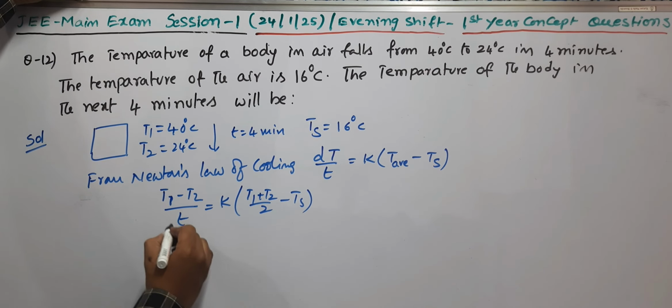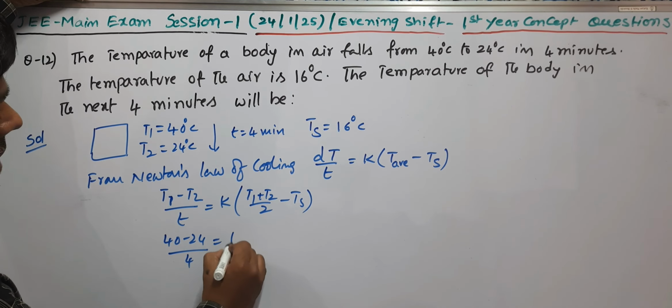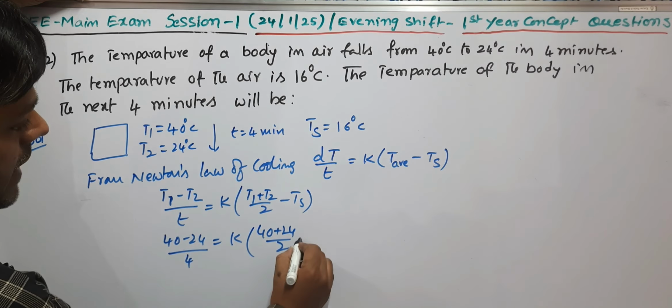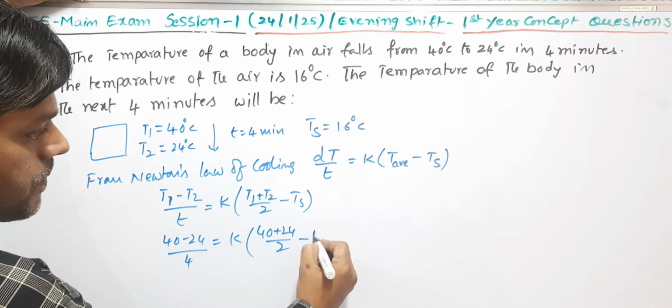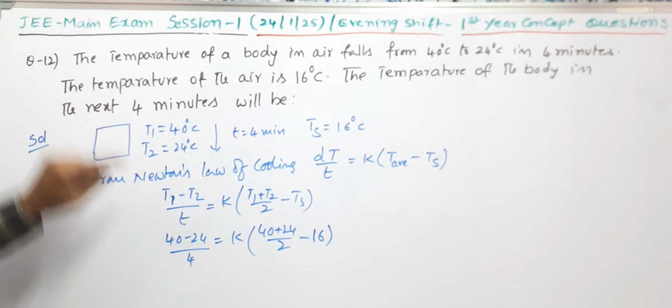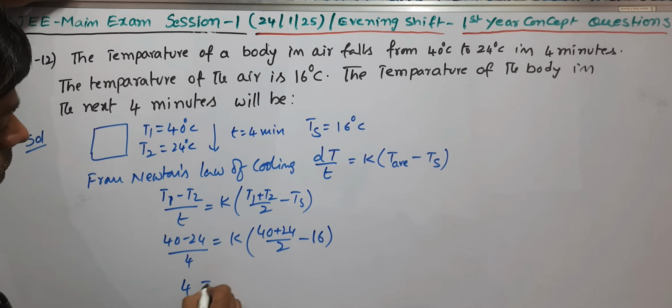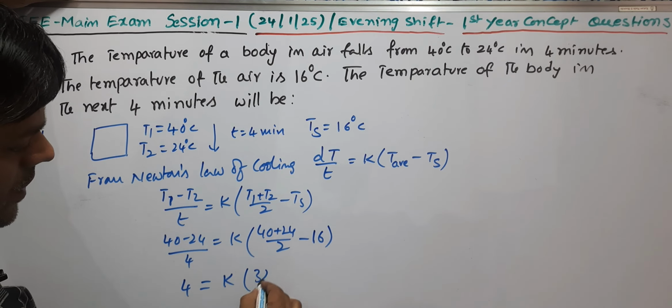T1 minus T2 means 40 minus 24 by 4 is equal to K into (40 plus 24 by 2 minus surrounding air temperature 16). 40 minus 24 is 16, by 4 equals 4, equal to K into 32, that is 64 by 2, 32 minus 16.